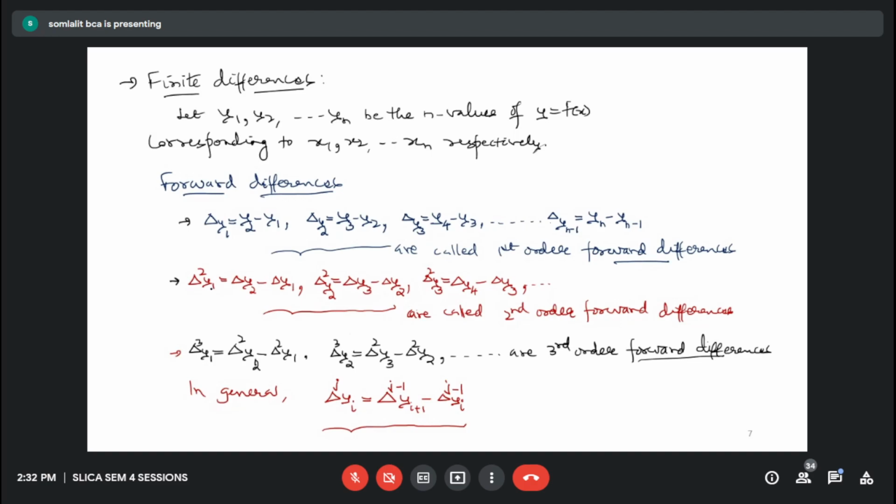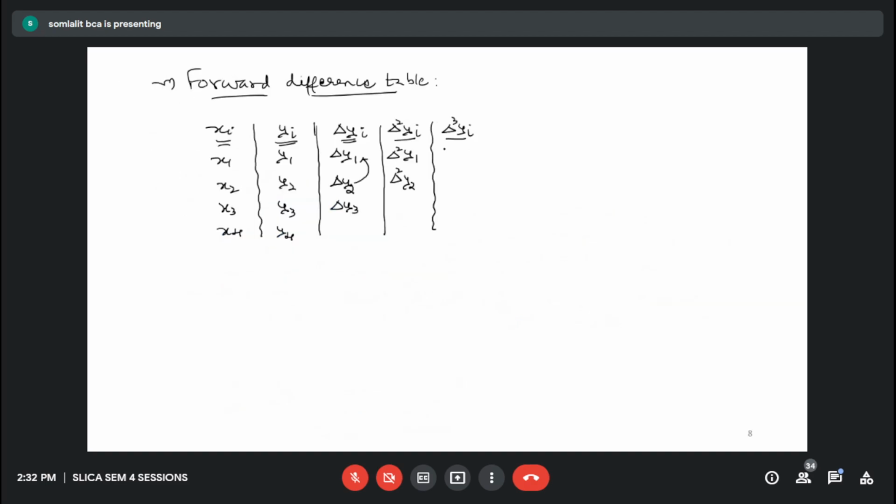And now you can find one more here because still you have 2 differences. So if you find the next one here, delta cube yi, yes. So here there's a third order. Delta cube yi, what about this? Delta square y2 minus delta square y1, which is delta cube y1. Right? So this is sometimes called forward difference table.